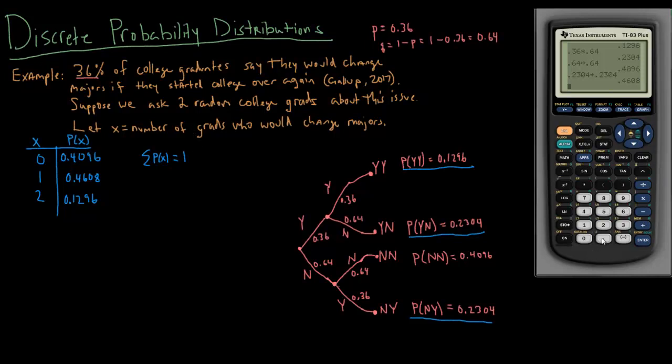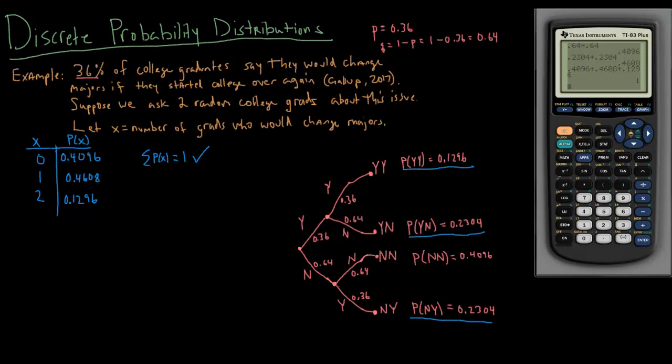So we could say 0.4096 plus 0.4608 plus 0.1296 better be equal to 1, or we made an error. But we're good. So that checks out. So we know we're good on the distribution because the sum of the simple event probabilities is equal to 1.